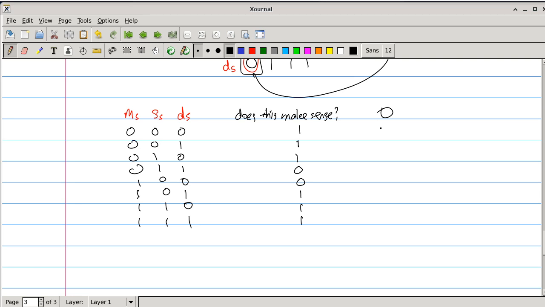So we just flip all the bits: 0, 0, 0, 1, 1, 0, 0, 0. Okay? So now what we want to do is to say, well, can we define the overflow flag as some kind of Boolean expression involving the minuend sign, the subtrahend sign, and the difference sign? What do you think?